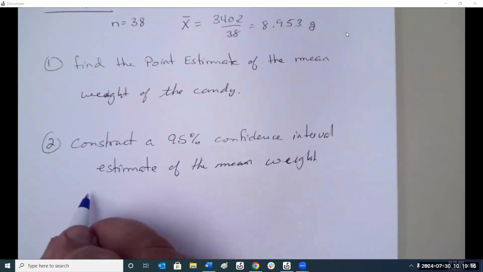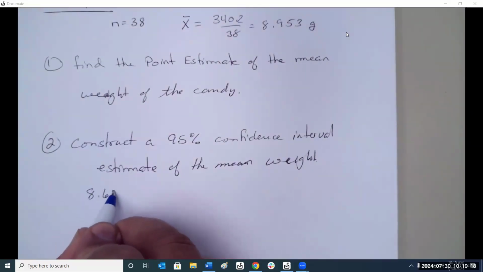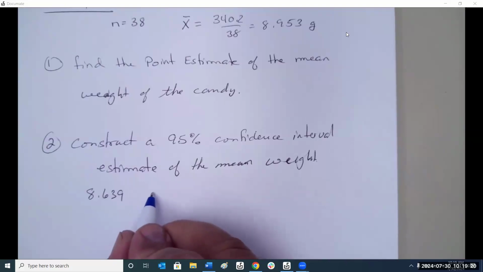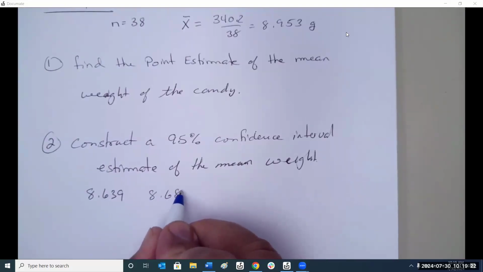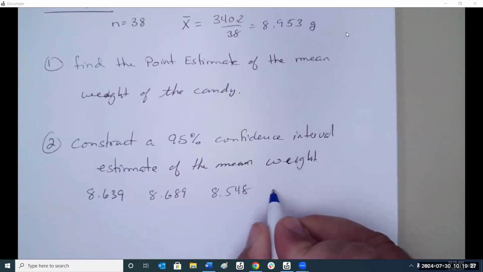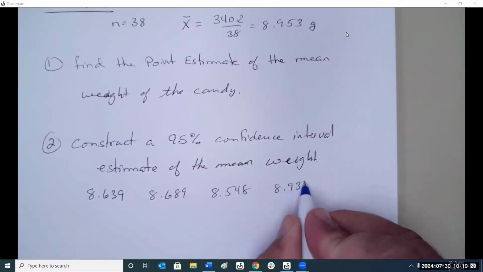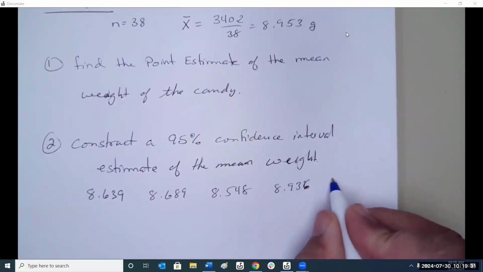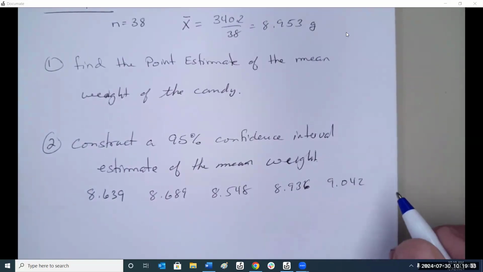And our data was 8.639. Here's more data.